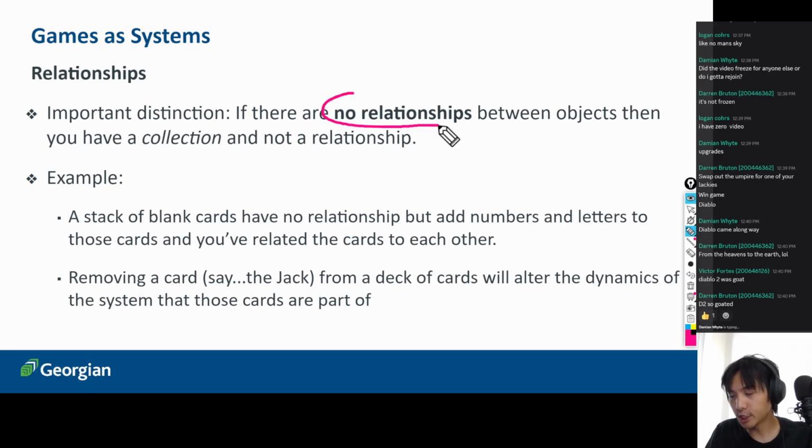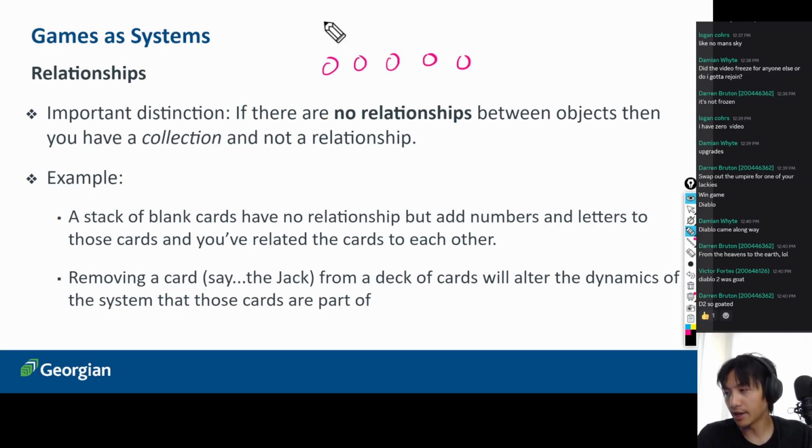When you don't have relationships between objects, then you have a collection. So the checker pieces themselves on the same team don't have any particular relationship with each other, aside from their relative position. So you could say that's a collection. But they do have a relationship with the opposing side's pieces because they are enemies.